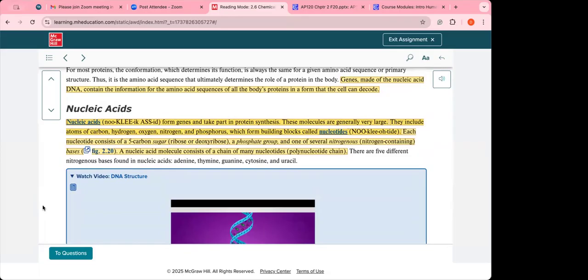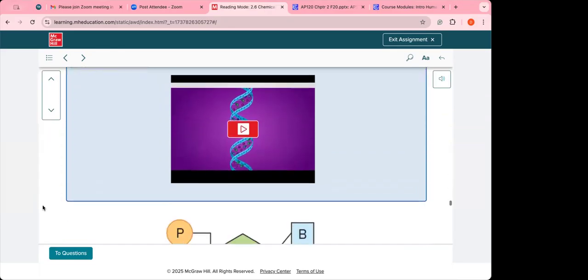A nucleic acid molecule consists of a chain of many nucleotides. There are 5 different nitrogenous bases. Genes made up the nucleotides.